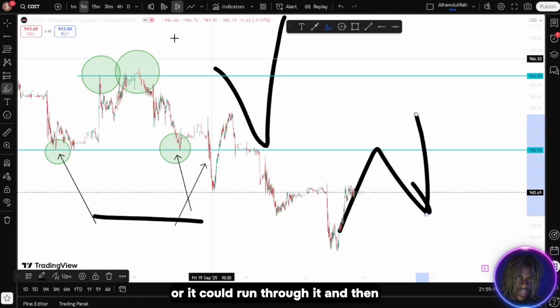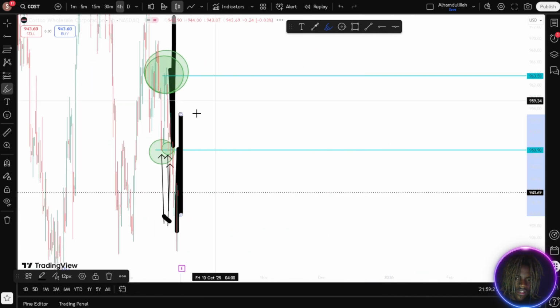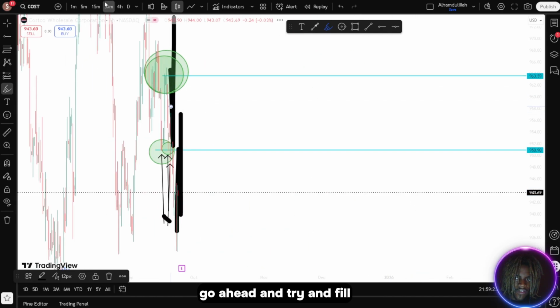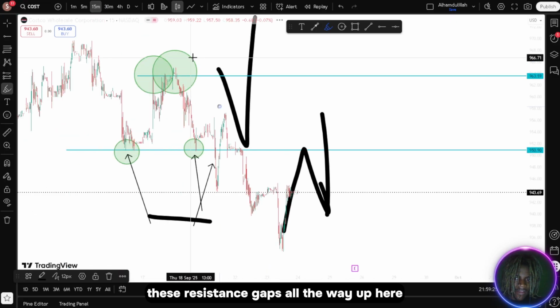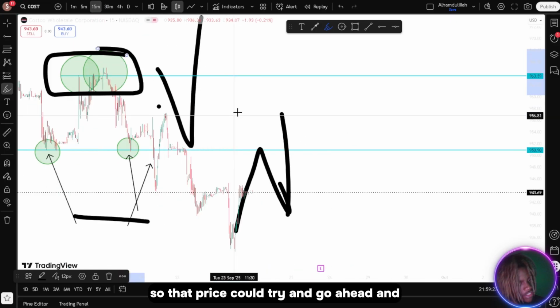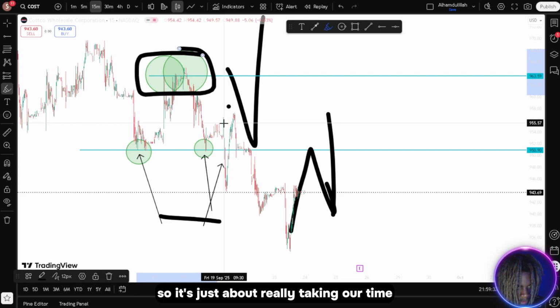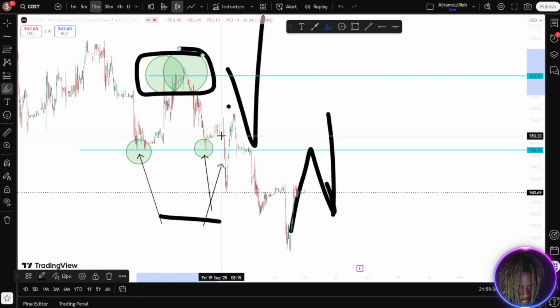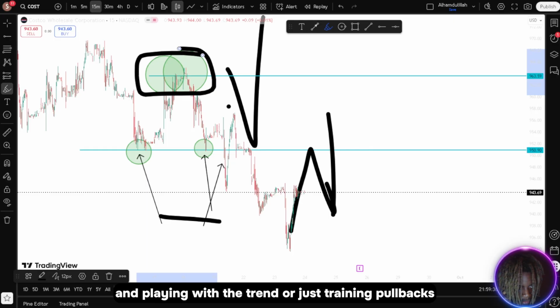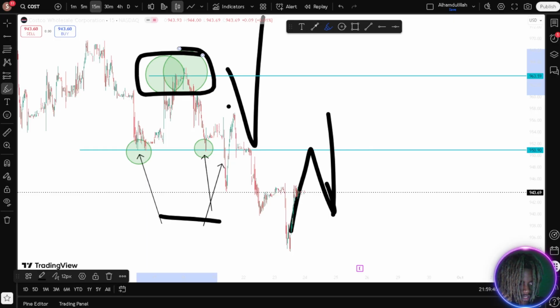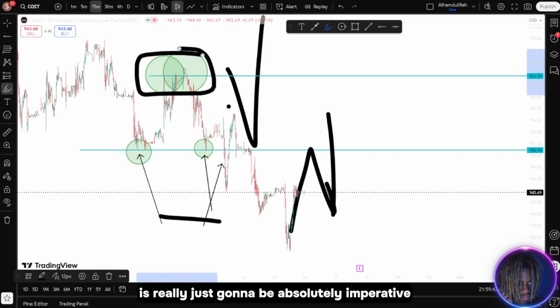Or it could run through it and then try to fill these resistance gaps all the way up here. So then price could continue in an upwards direction. So it's just about really taking our time, knowing what we're investing in, playing with the trend, or just trading pullbacks. Doing either one is going to be absolutely imperative.